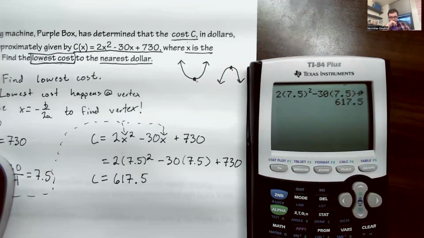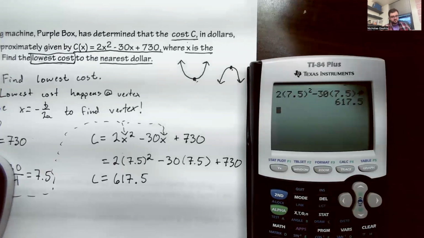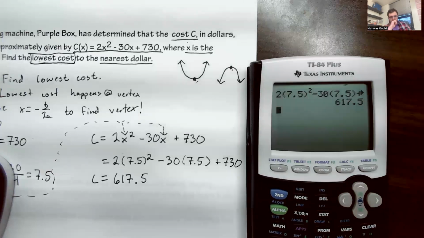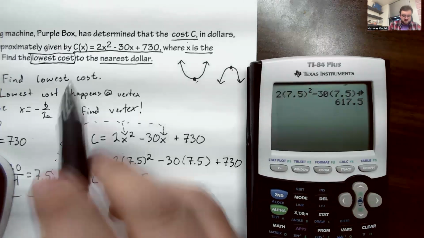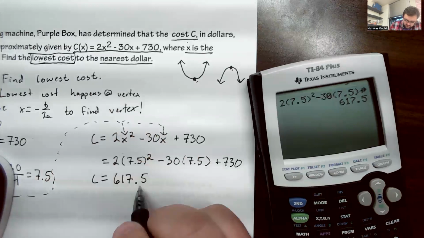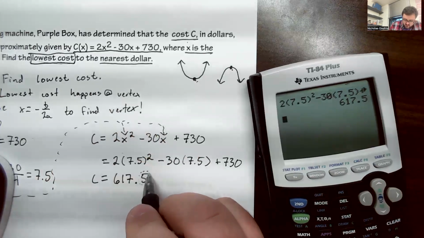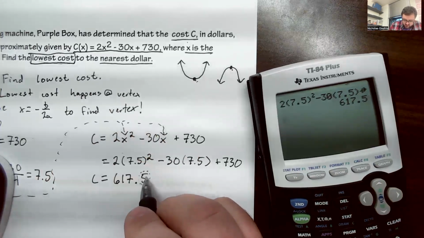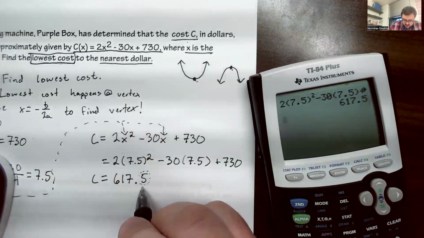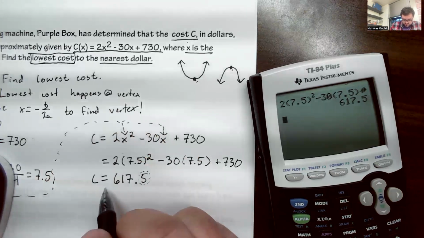Okay. Notice it says the cost to the nearest dollar. So we have to look at this number here. If this number is 5 and over, we're going to round up. If it's less than 5, we round down.